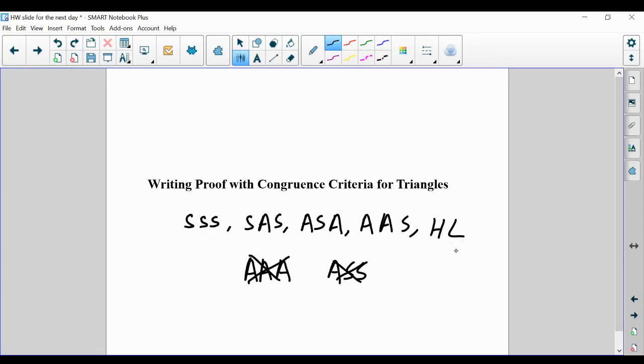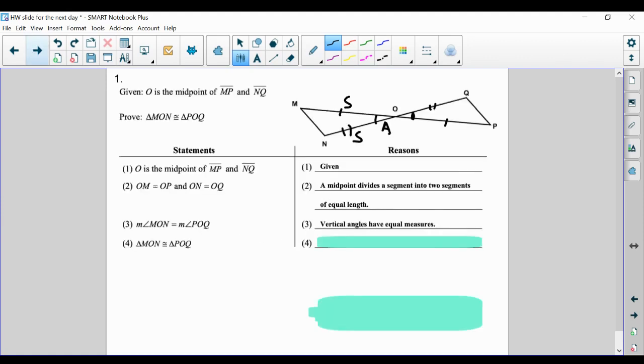It cannot be HL because there's no right angle. There are two sides, so it cannot be angle-angle-side or angle-side-angle. Can it be side-side-side? There's one angle involved, which is the vertical angle. So the last one seems like side-angle-side. Can that be side-angle-side? Right, the angle is in between the two sides. Or you can just look at the picture: the angle is right between the two sides. So it's side-angle-side for the last reason.